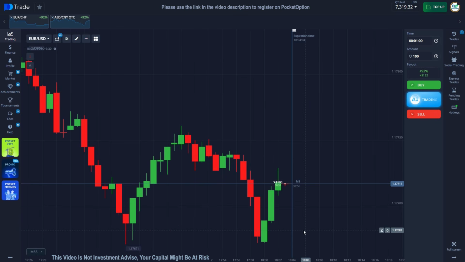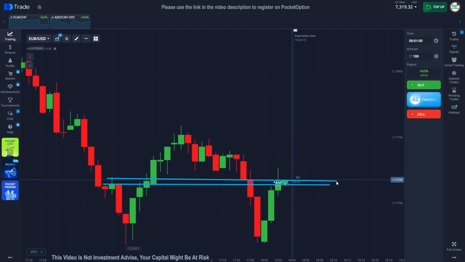I entered a lower trade. If you look closely, our candle closed at the level and received pressure and rejection from the level. I can also draw a trend line here.